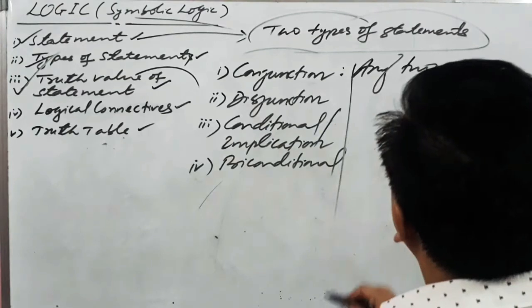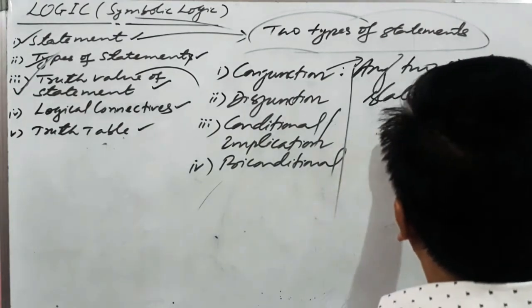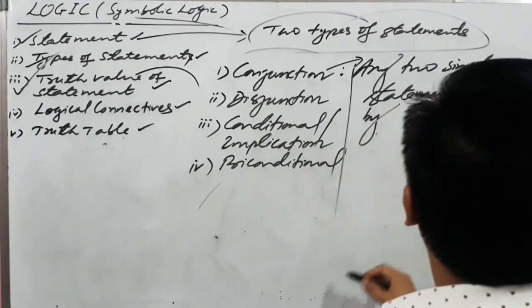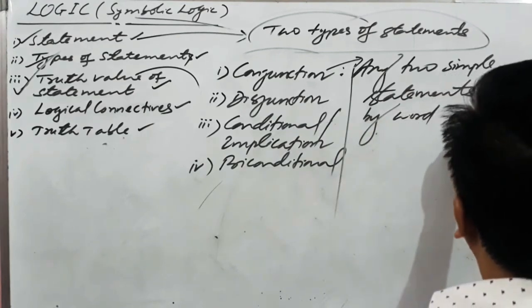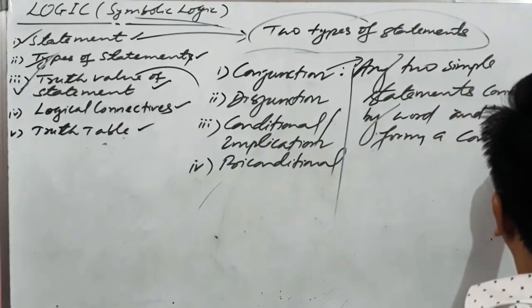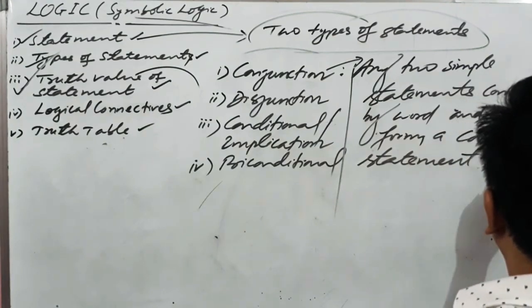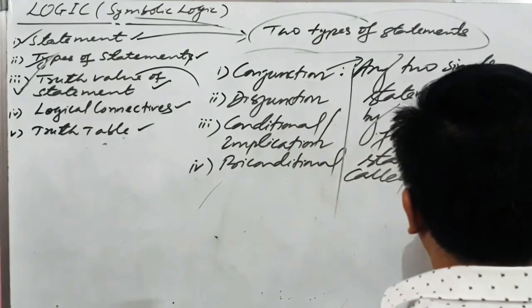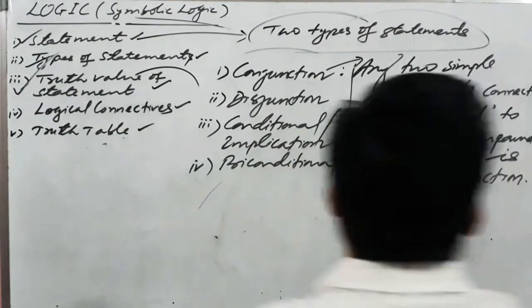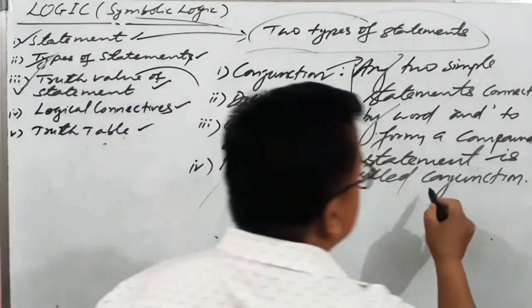Any two simple statements connected by the word and to form a compound statement is called conjunction.